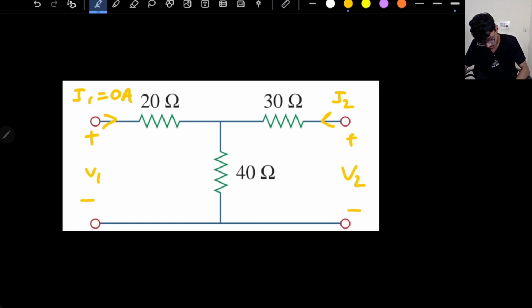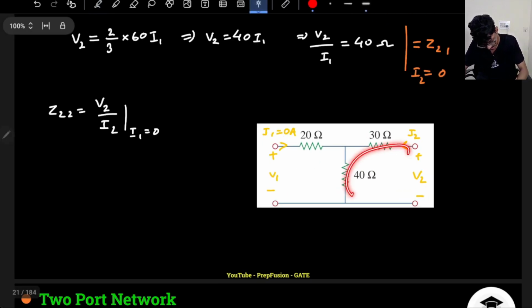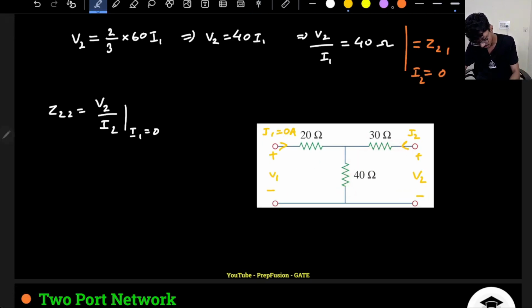Now it is very simple: none of the current is flowing through here, so whatever current is coming, the same current will go through this 40 ohm. Basically these two are in series. So V2 by I2 will be 30 plus 40, that is 70 ohms. So Z22 is 70 ohms.